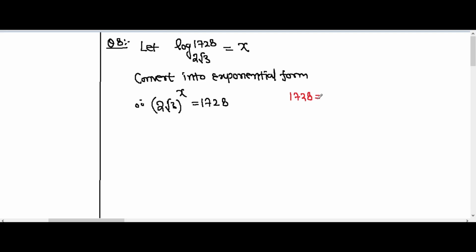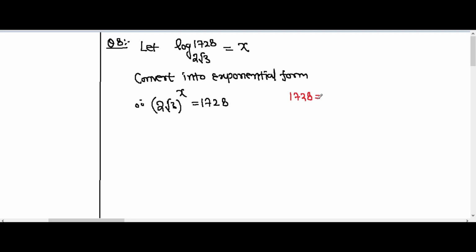Actually 3 को हमने क्या लिखा, root 3 the square. Since root 3 the square is equal to 3. Next, power raised to power, that means root 3 raised to 2 into 3.